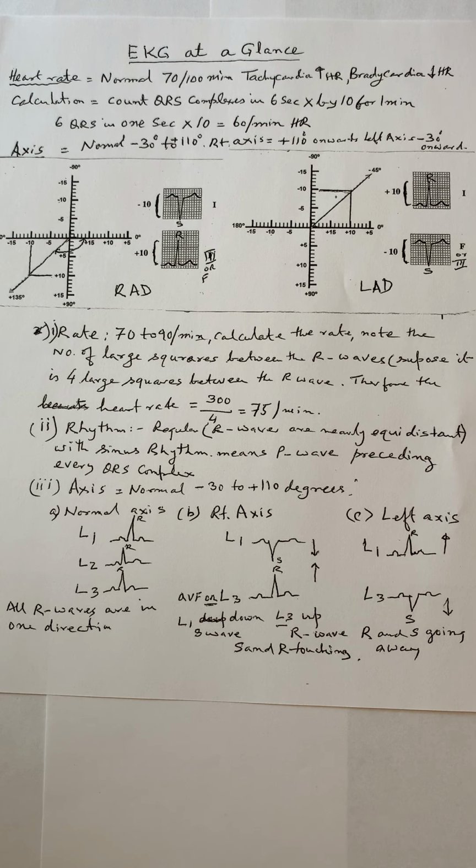It is not difficult to count the seconds because each big square with the heavy margin is 0.2 seconds. So mark the first 6 seconds on the ECG, then count the QRS in these 6 seconds and multiply it by 10. This will give you the heart rate per minute.